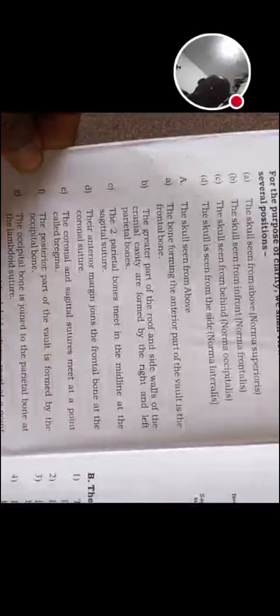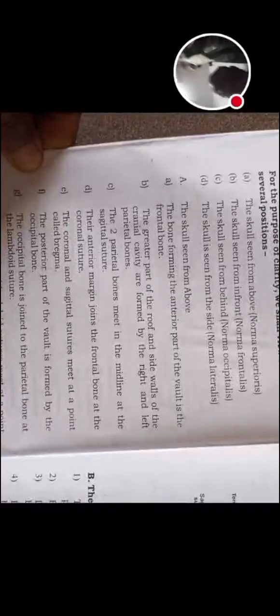The skull seen from four different perspectives: from above, from below, from the side, and from where? From above, behind, by the side, and in front.